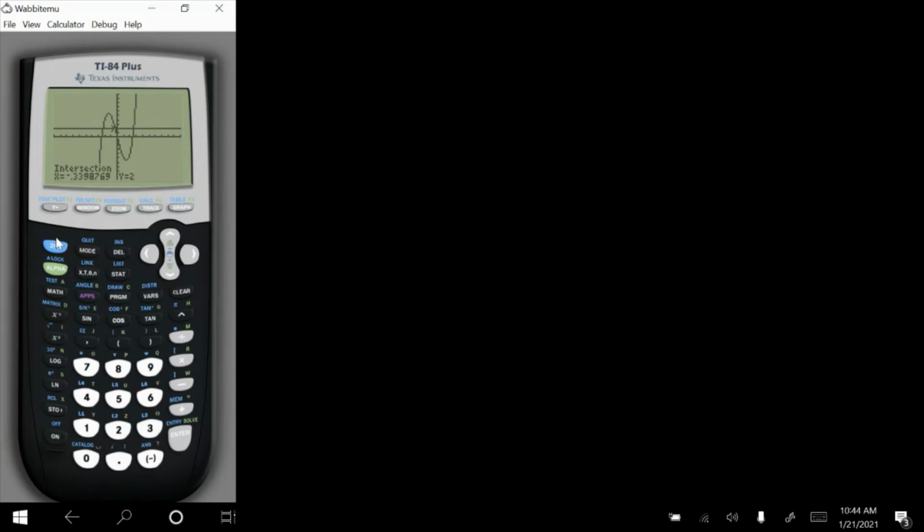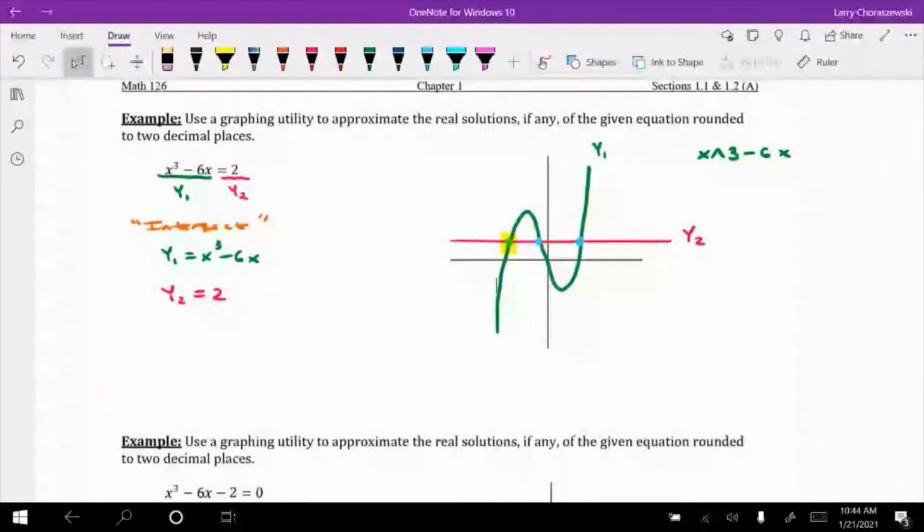Yep, that's right. 2.60-ish, comma 2. Way to go, guys. I'm so proud of you. You're going to make a math teacher cry.